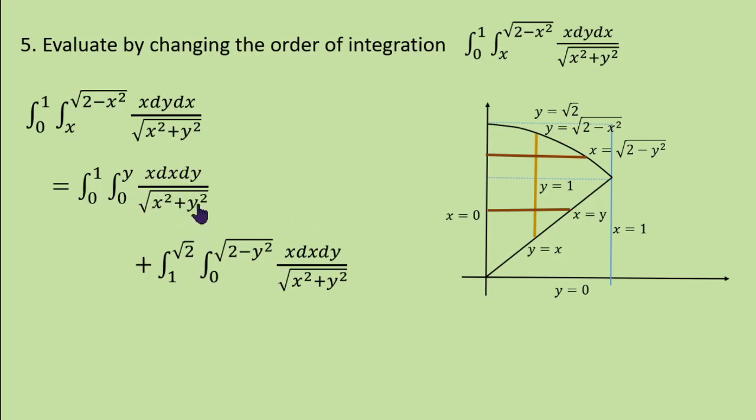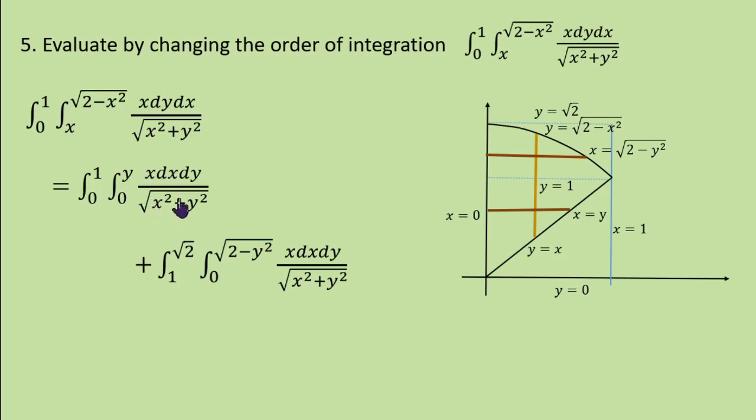Treat y as constant, then it is x by root of x square plus a square, where a square is y square. Assume that x square plus y square is t, then 2x dx is dt. So x dx is dt by 2, and hence it becomes dt by 2 root t.